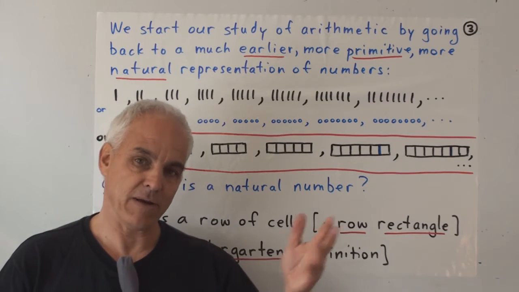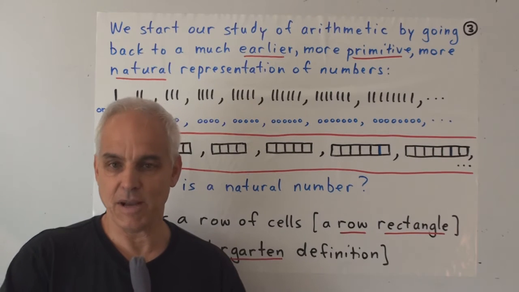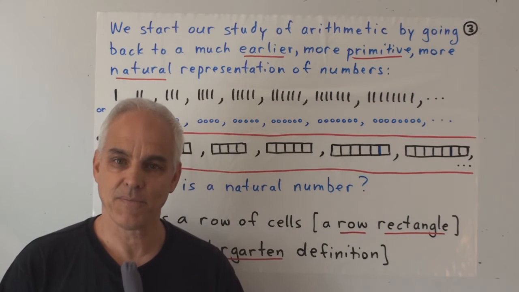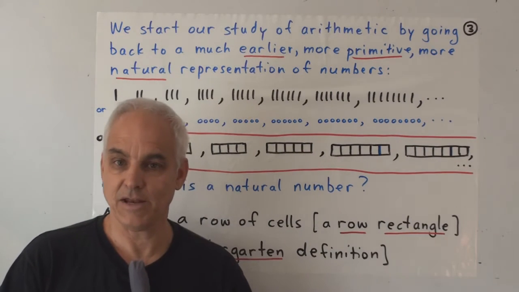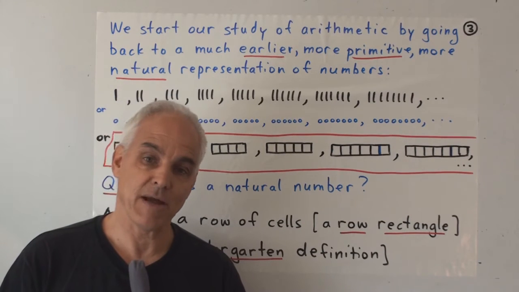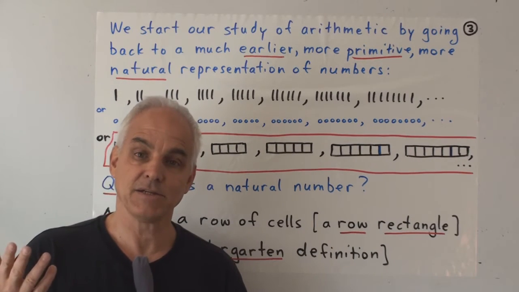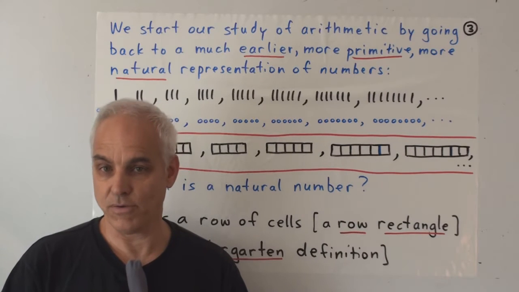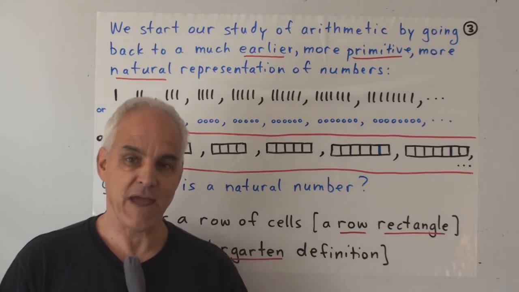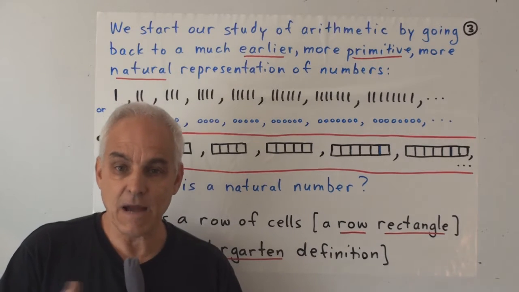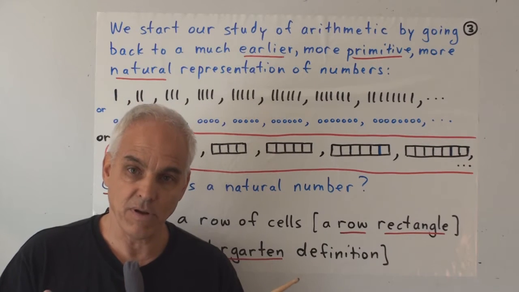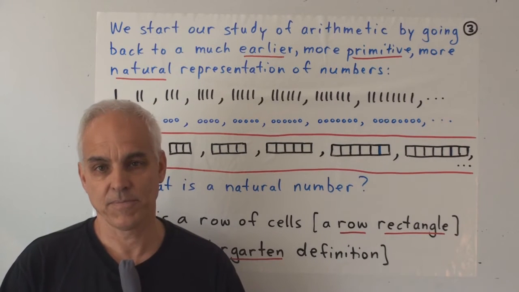To count the number of animals at a water hole, to count the number of kids that were taken care of, to count the number of sheep in a flock, to count the number of days till the next full moon. These kinds of counting problems involve some appreciation of simple, relatively small numbers.